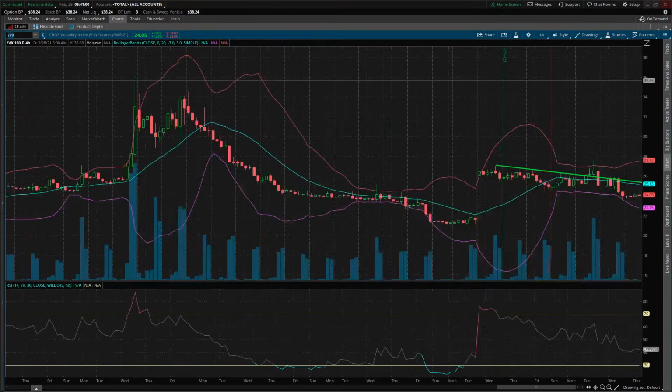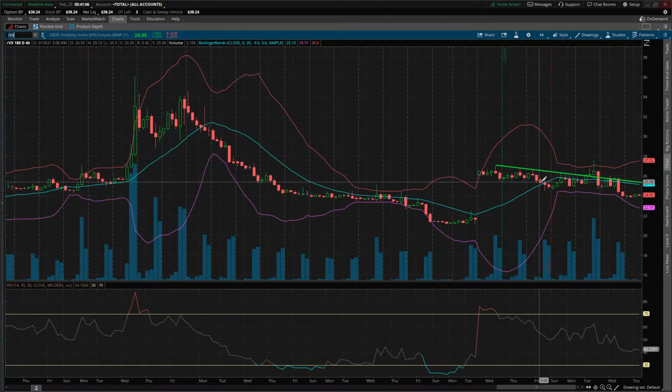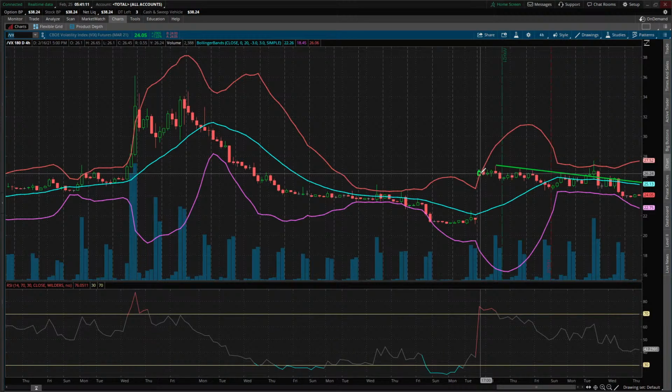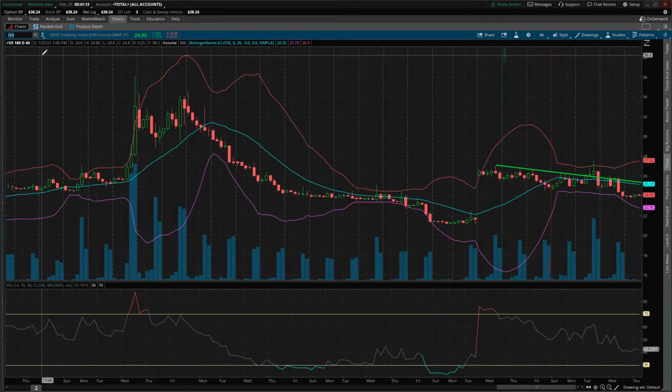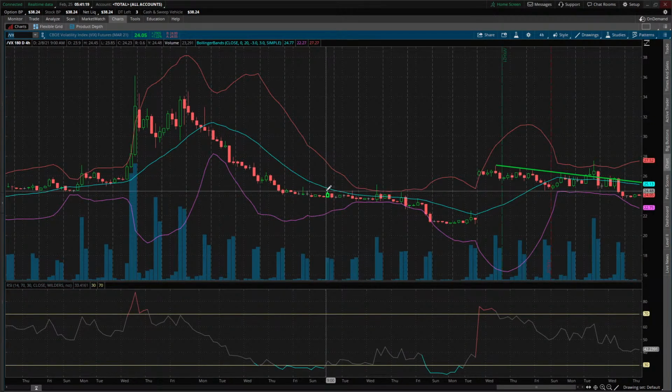VIX futures. One thing I have to say about the VIX is that this gap up has been defended. We gapped up the 16th.